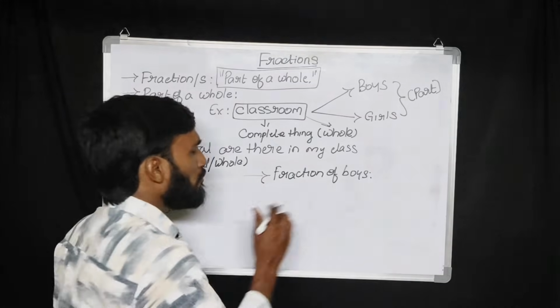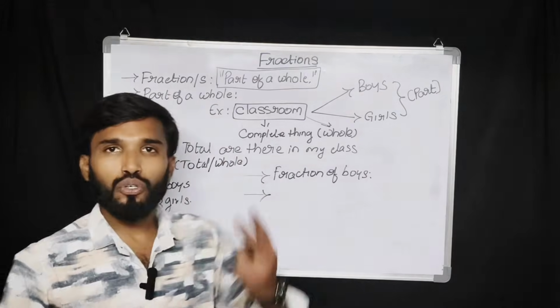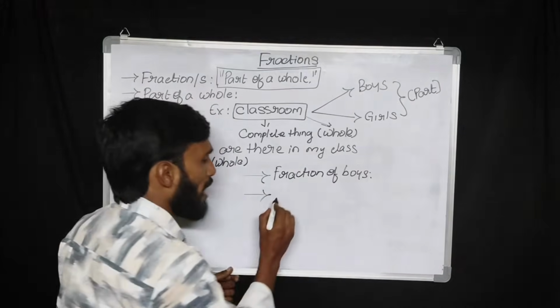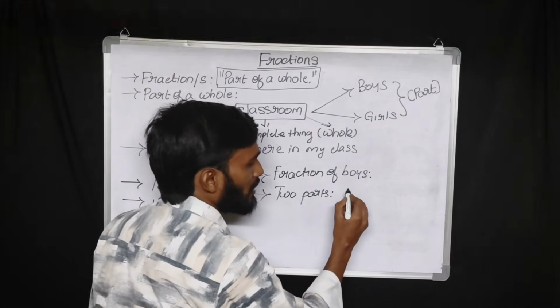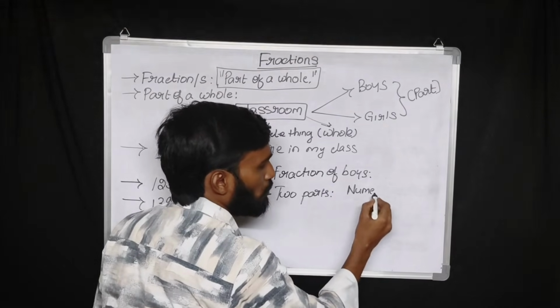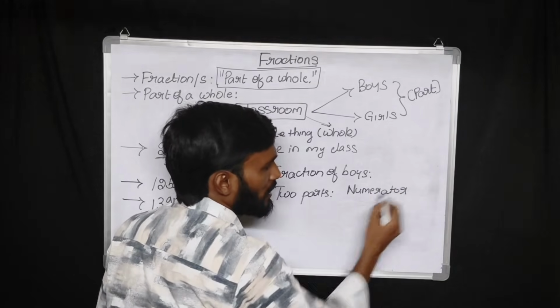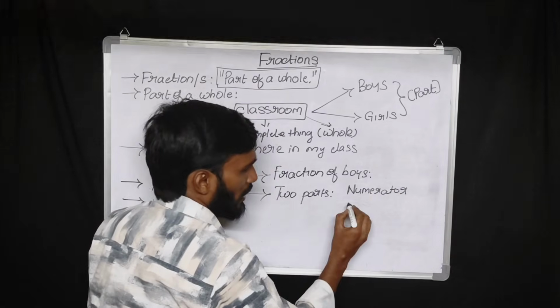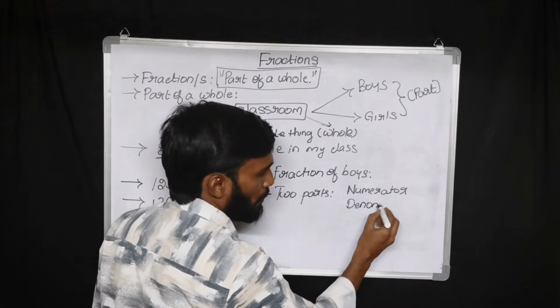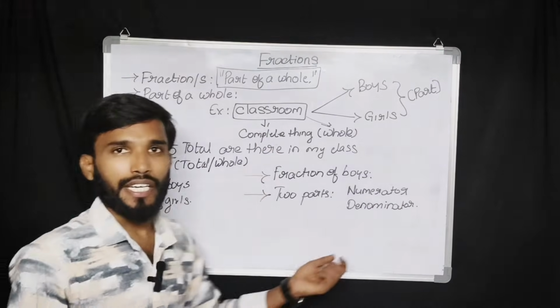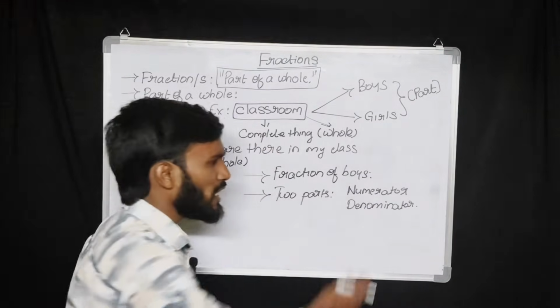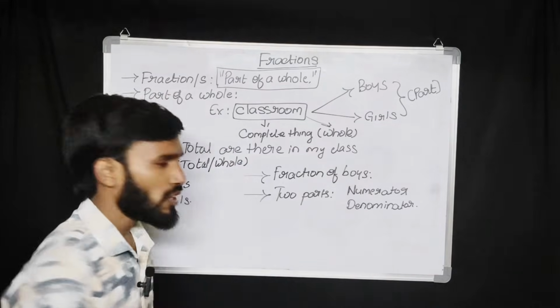In a fraction we have two parts: one is the numerator and the other is the denominator. What are the numerator and the denominator?